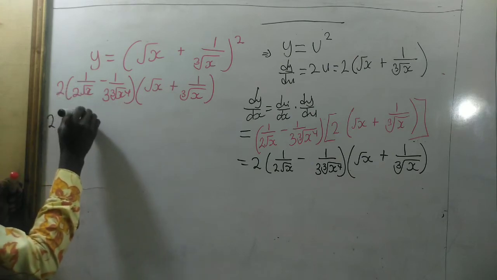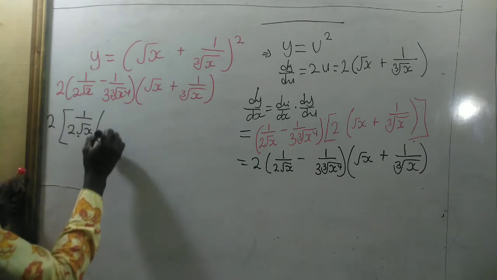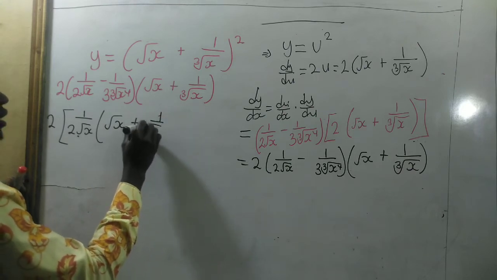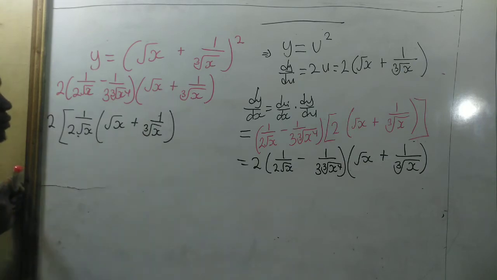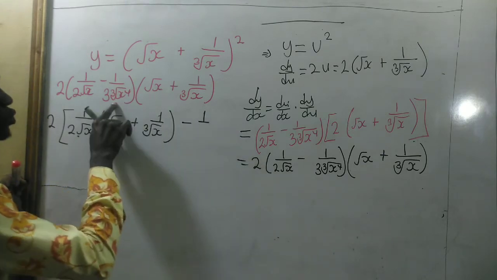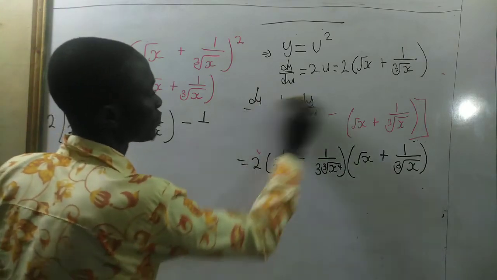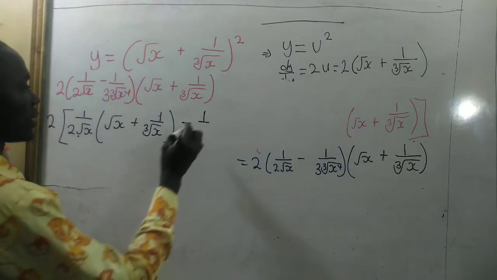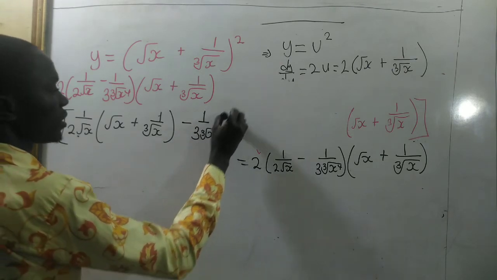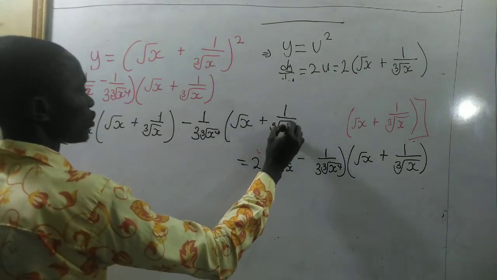And then we take 1 divided by 2 root x times root x plus 1 divided by the cube root of x, minus 1 divided by, I think we should express this in the exponent form, but let's write it down before, 1 divided by 3 the cube root of x to the power 4 times square root of x plus 1 divided by the cube root of x.